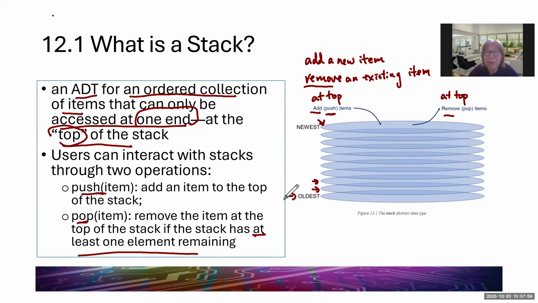So basically, for stack, the first item you add will be at the bottom if we view it like a container like this. Then the second item you add will be second, and the third. The last item you add will be at the top, but the last item you add at the top will be the first item out. So for stack, we see it is a LIFO data structure.